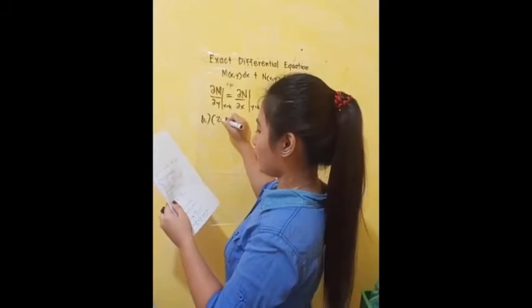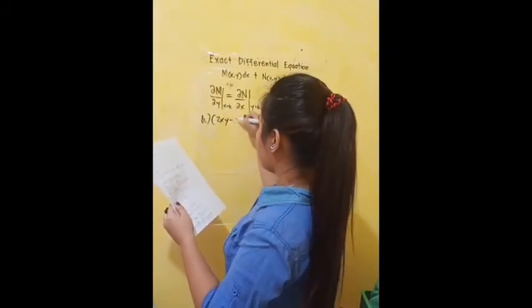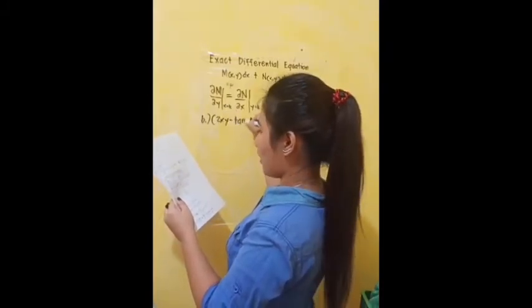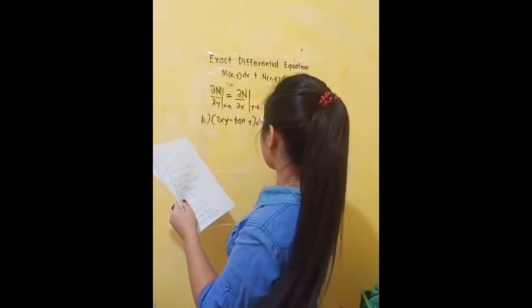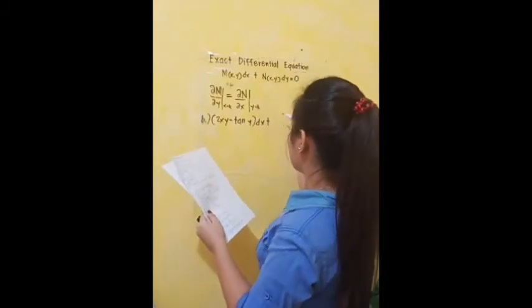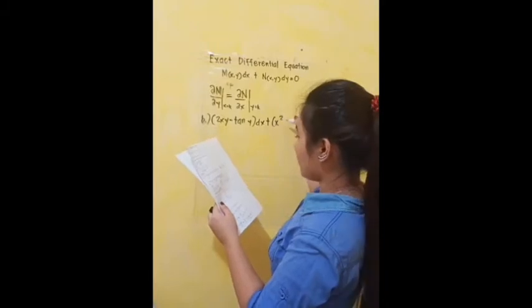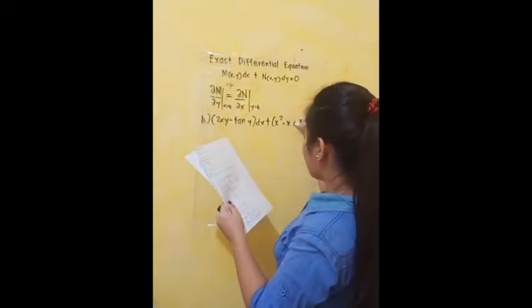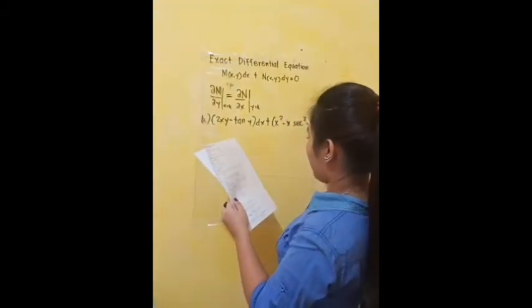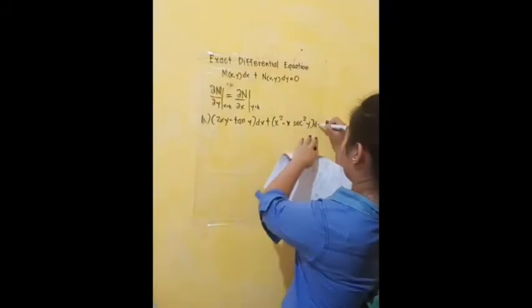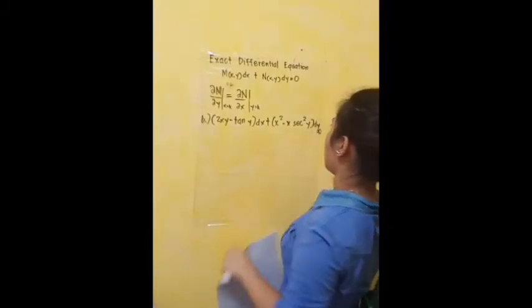So, let's proceed to example number 2. Let's say we have (2xy - tan y) dx plus (x squared minus x sec squared y) dy is equals to 0.